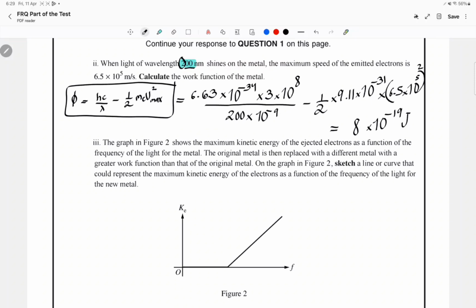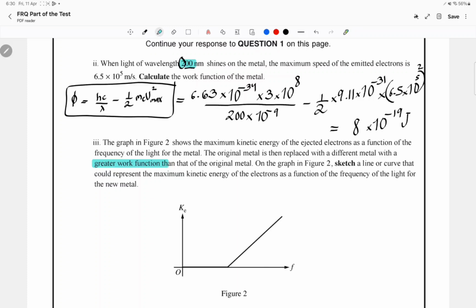Part three. The graph in figure 2 shows the maximum KE of the ejected electrons as a function of the frequency of the light. The original metal is now replaced with a different metal with a greater work function. So look, if we have a greater work function, would we need to exert less or more frequency than before?